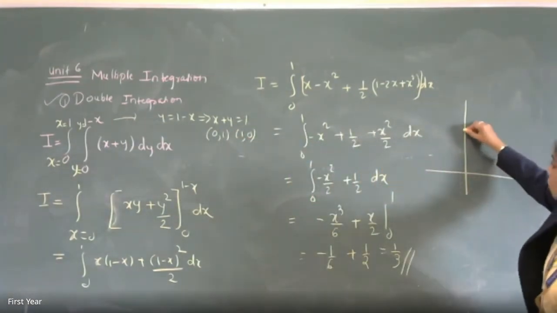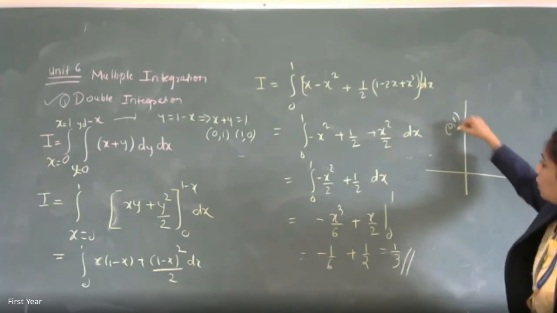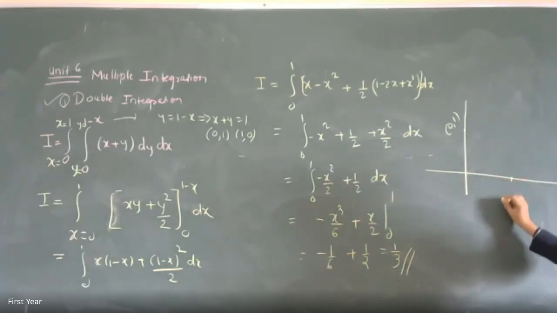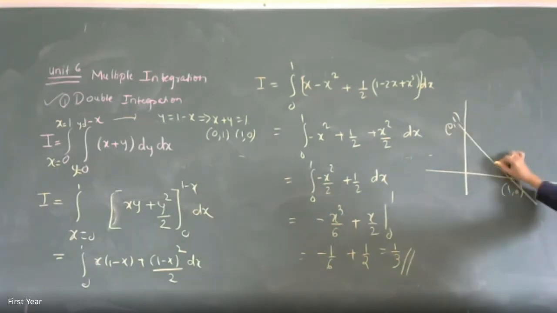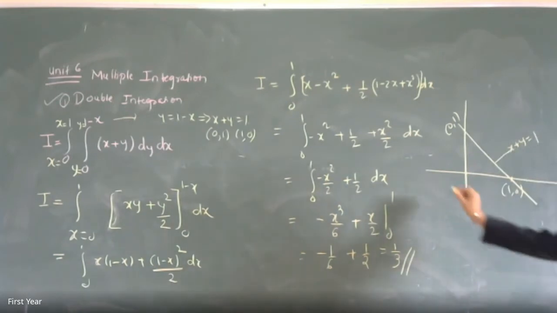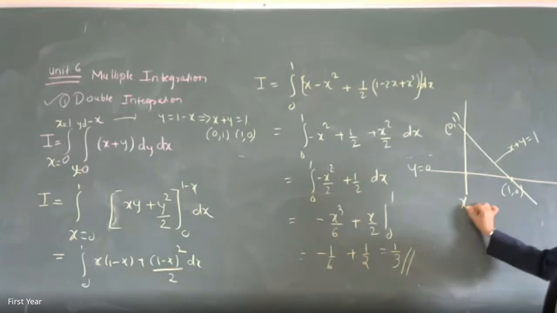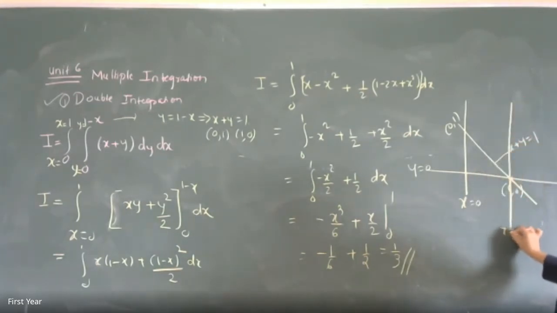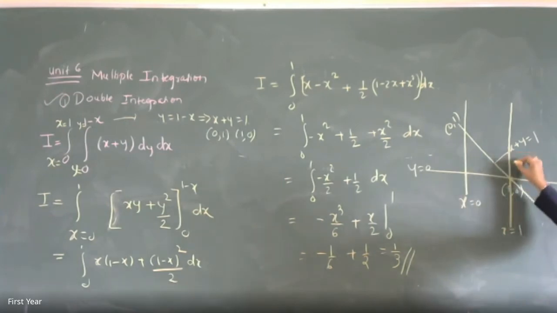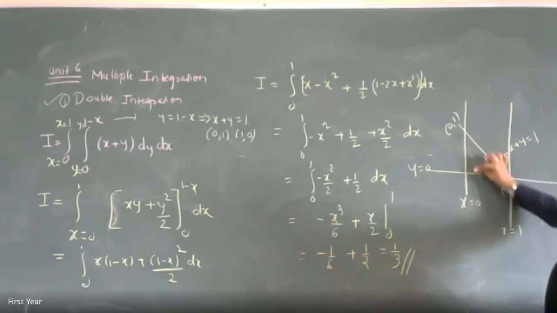So if this is (0, 0), (0, 1) and this is (1, 0), then this is the line x plus y is equal to 1. This is the line y is equal to 0. Then x is equal to 0 is this line and x is equal to 1 is this line. So the common region bounded by these lines is a triangle.